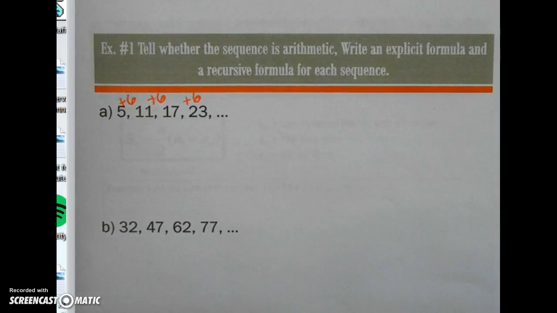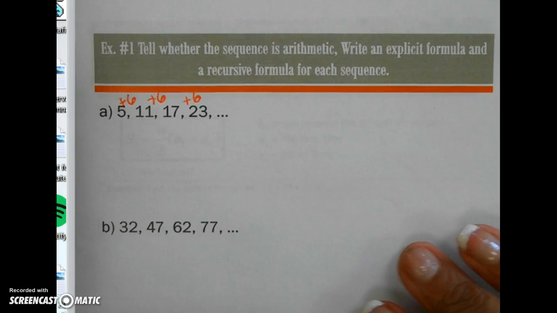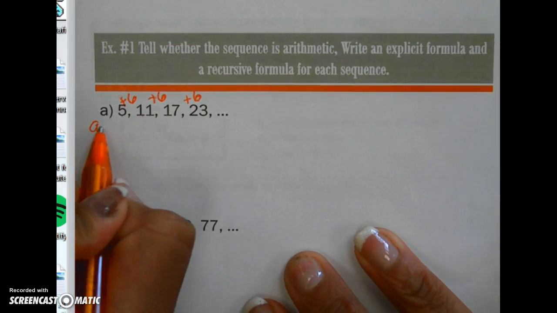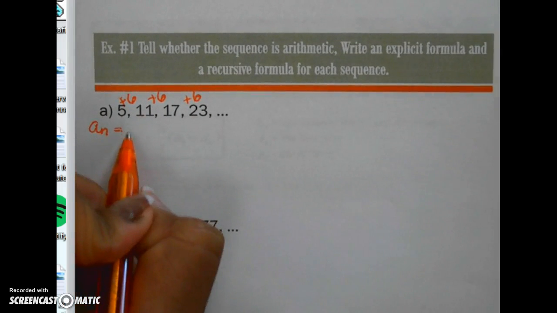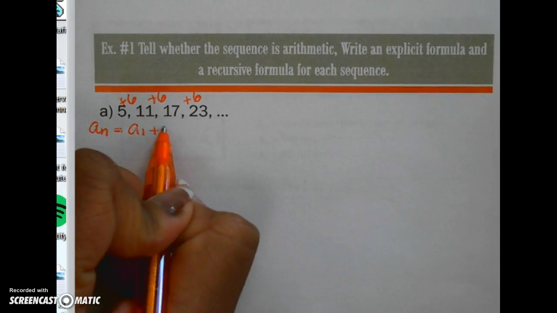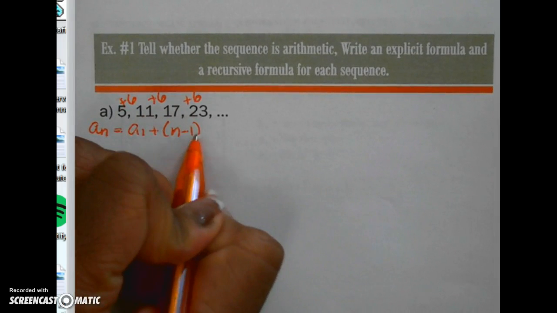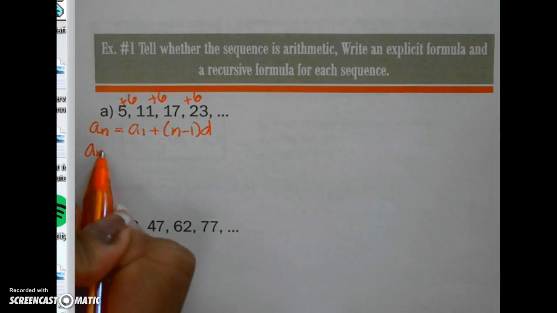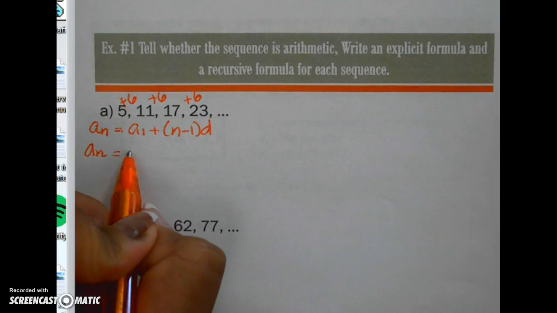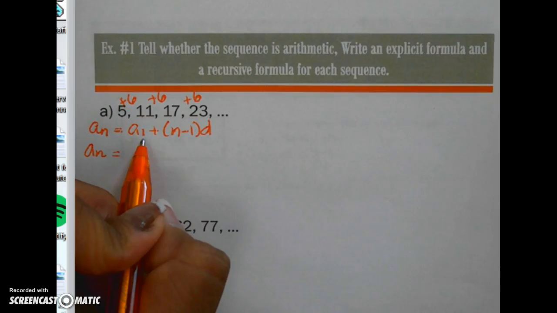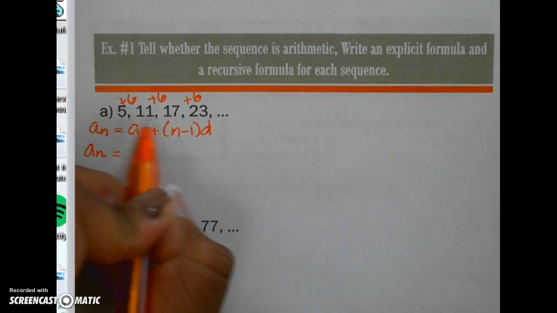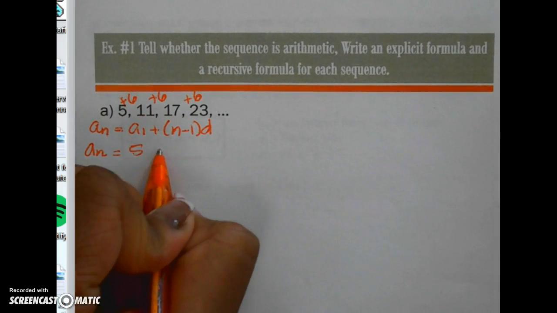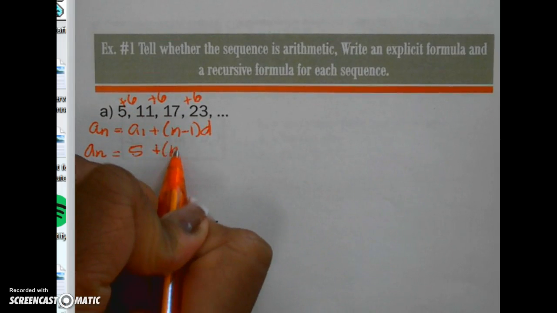The next thing is they want me to write two different formulas. The first one that they would like for me to do is my explicit one, which I can use this to get to. Well, a sub n, my generic one, is equal to a sub 1. A sub 1 is your first term. What's the first term in all these numbers? 5. Plus n minus 1.